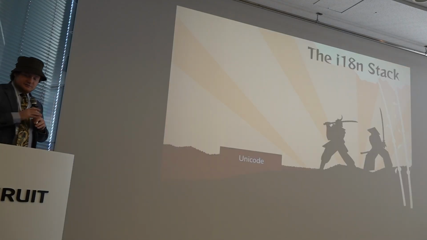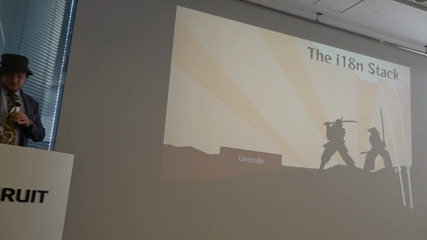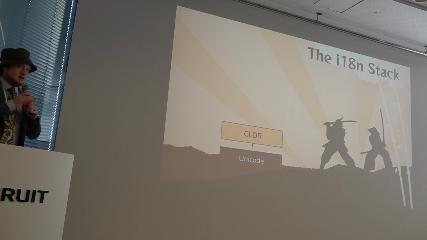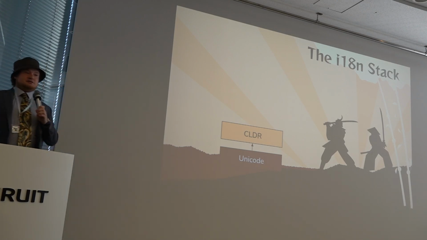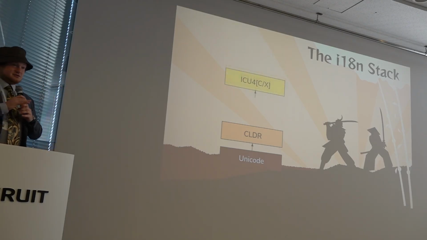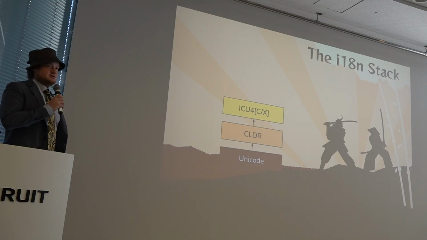Cool, so I'm just briefly going to go over what I call the I18N stack, just to show how the different pieces fit together. You already saw Unicode, that's at the base of the stack. CLDR is this data repository that contains translations for hundreds and hundreds of languages. It's an open source project. You can contribute your favorite languages to it and improve the data quality. We've got ICU, that's the International Components for Unicode.